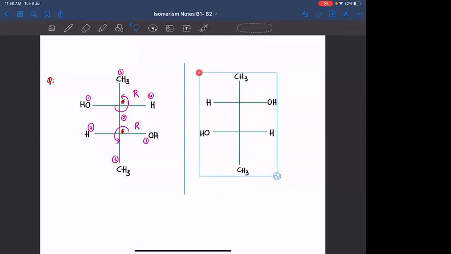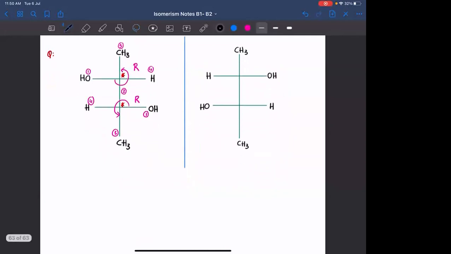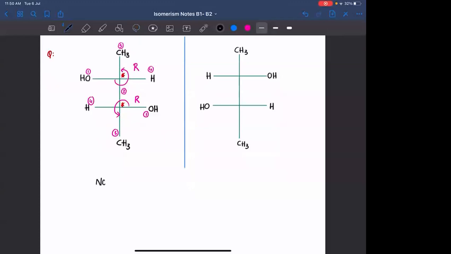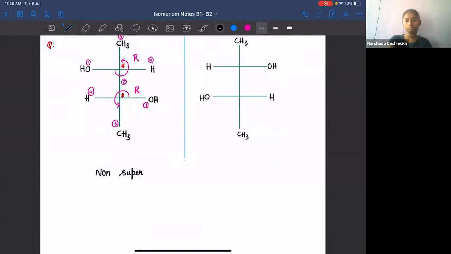About an axis, it is symmetrical. ठीक है. Is that clear, everyone? So are these two superimposable mirror images or non-superimposable mirror images? Non-superimposable mirror images. If they are non-superimposable mirror images, are these two different compounds or the same compounds? Different compounds.